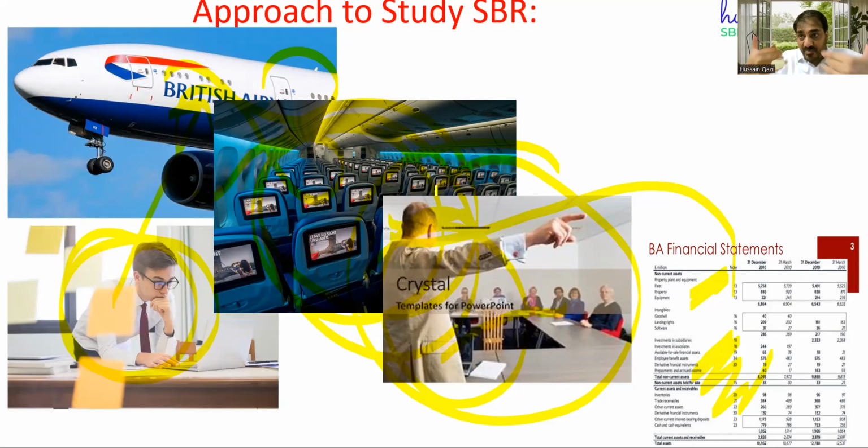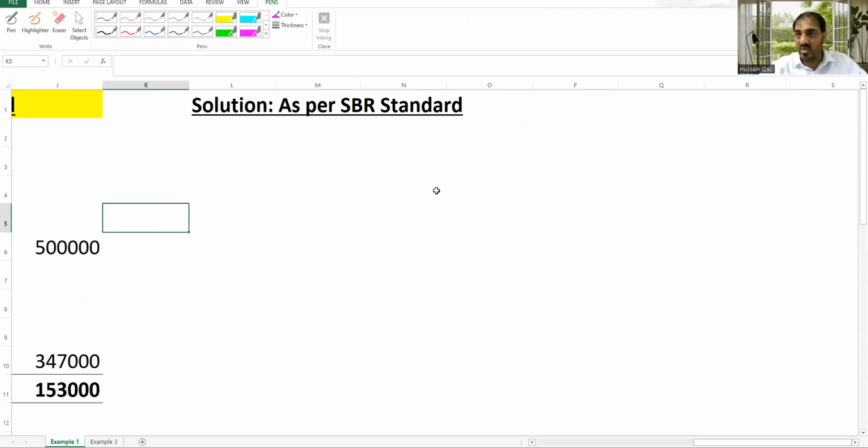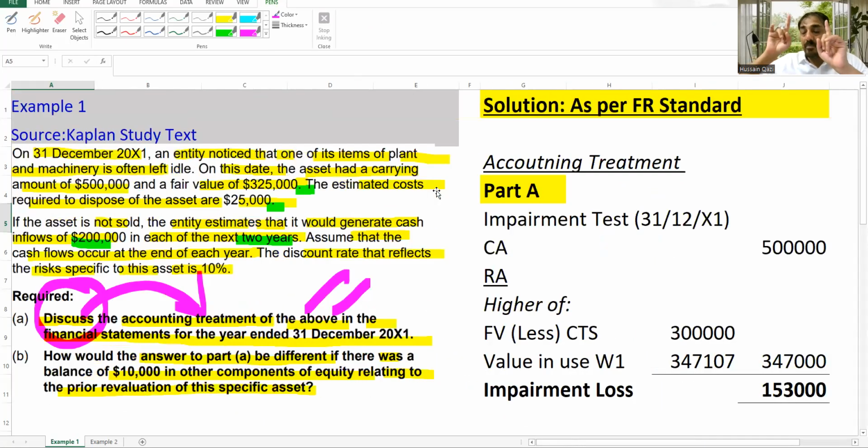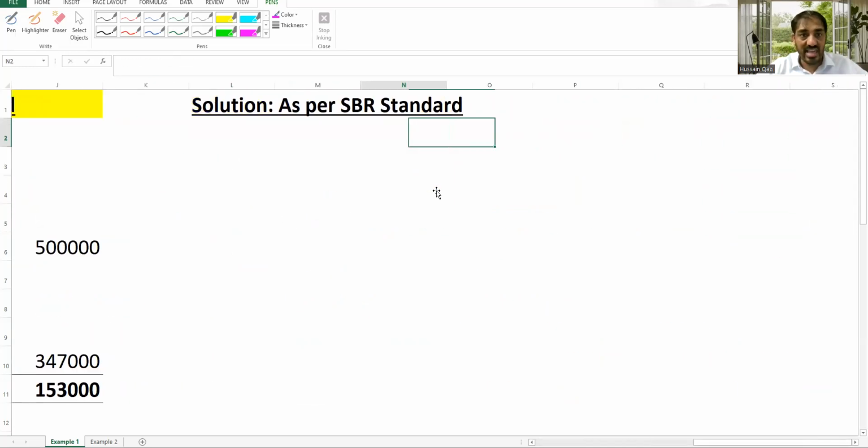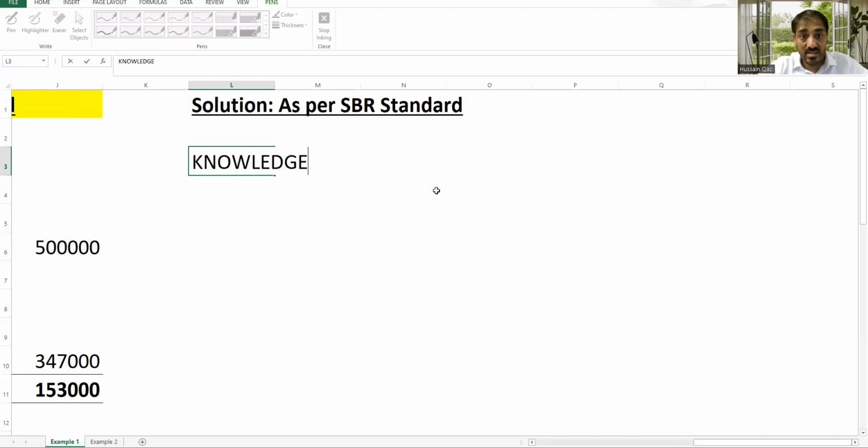The principle, the rule according to the accounting standard we follow, says this. So first thing, we have to mention the knowledge.